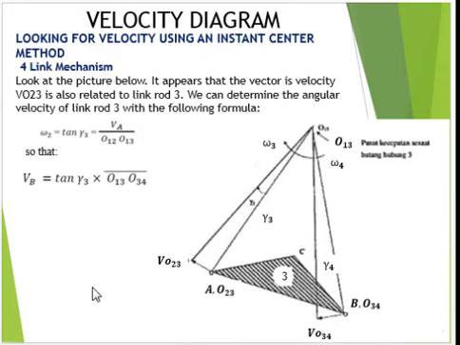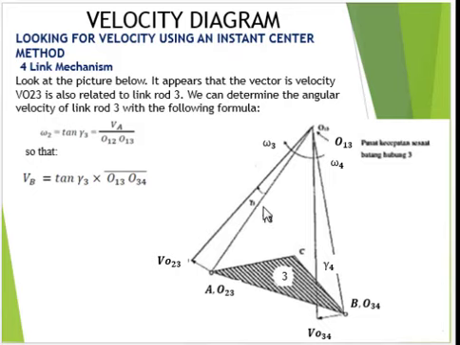So that we can next calculate the angular velocity of link 4. In this case, omega 3 is already known.